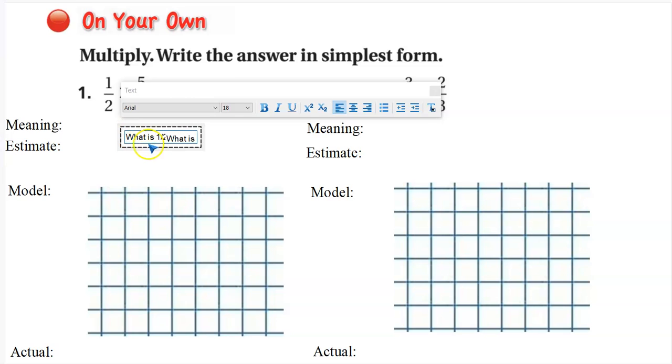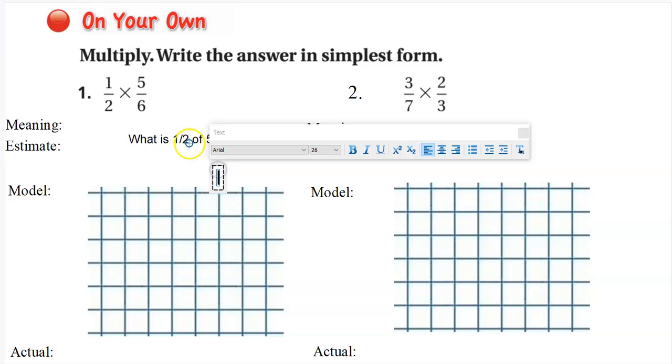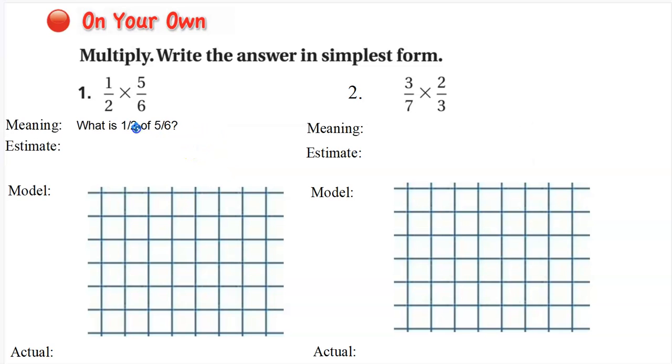Okay, here's my question. Let's make this a little bit bigger. Okay, so there is the meaning and now the estimate, right? So I'm going to estimate, well, 1/2 is literally 1/2, right? So it's 1/2 times, remember 5/6 is almost 1. So whatever answer I get, it should be close to 1/2.